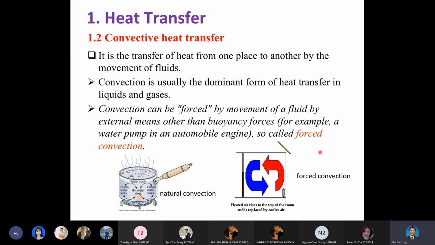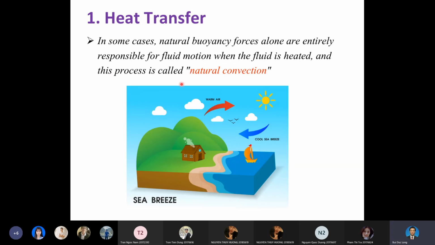Okay, so we have forced convection. Of course, we also have natural convection, in some cases natural buoyancy. You know the buoyancy, right? Buoyancy force alone is entirely responsible for the fluid motion when the fluid is heated.